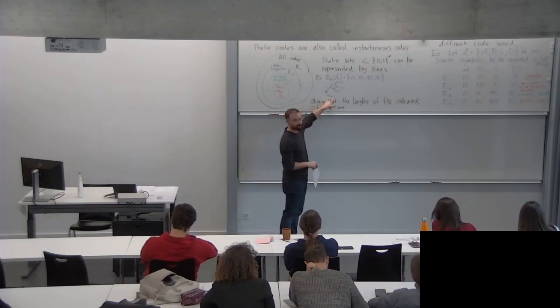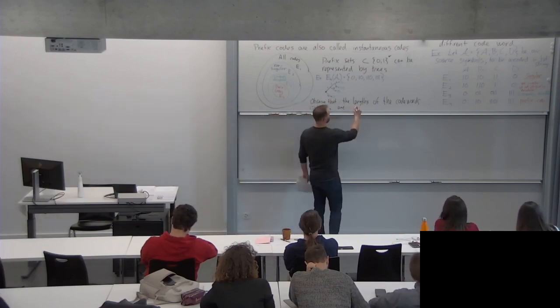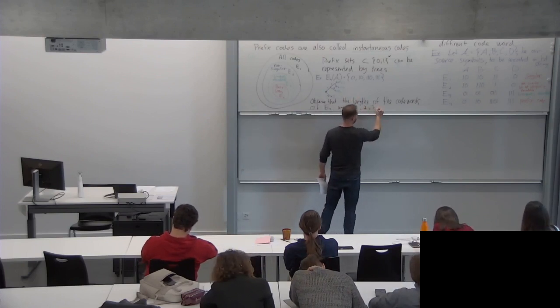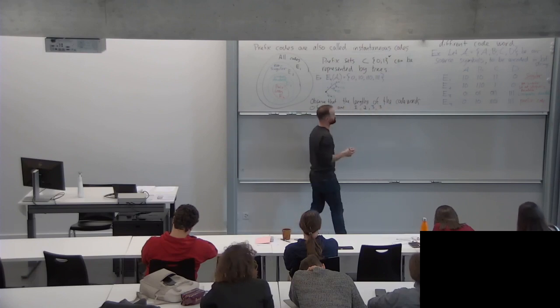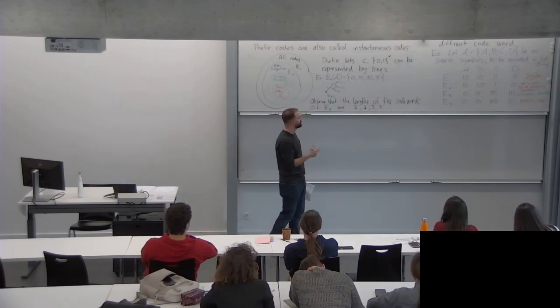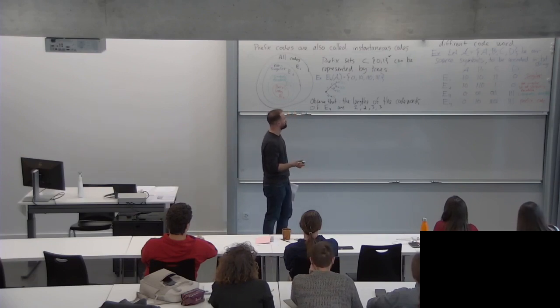So this is a code word and its length is 1. This is a code word and its length is 2. And this is a code word and its length is 3. And the last one has length 3 also. So the lengths are 1, 2, 3, 3.